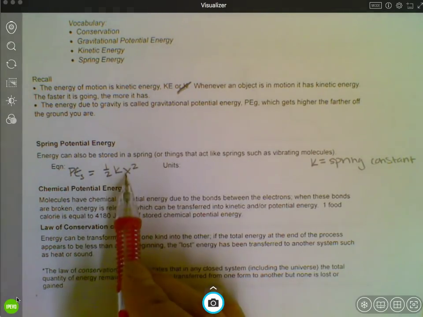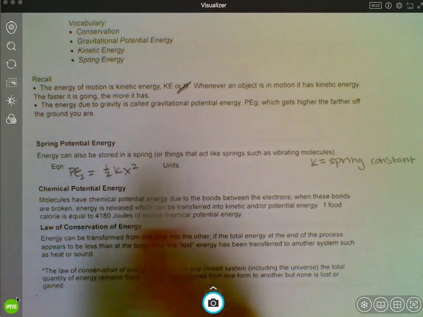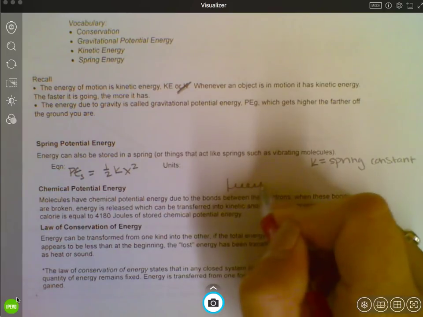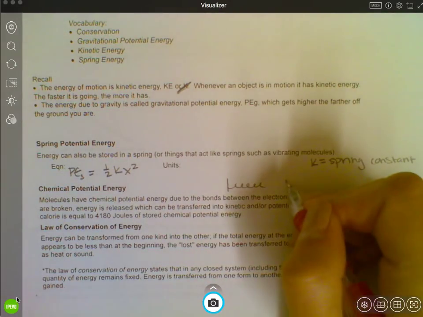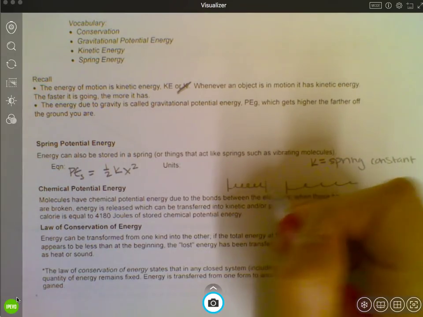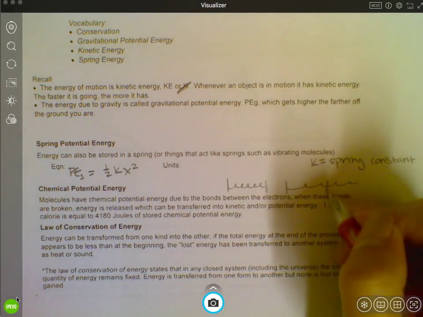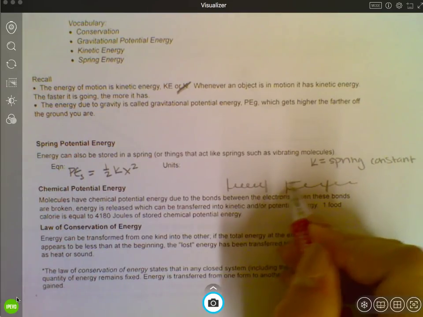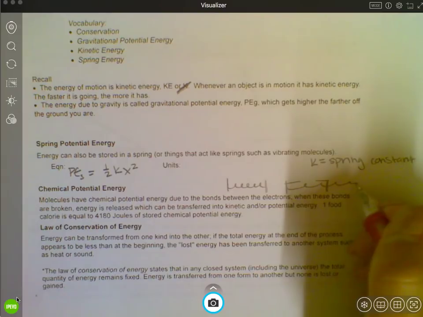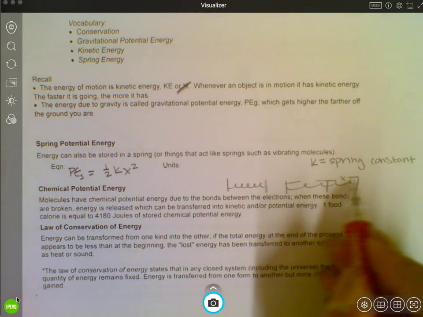Okay. X is the distance from equilibrium, meaning that if the spring is naturally sitting like this, and then you were to take it and stretch it out like this, let's say that originally its comfortable length is here, then your X is how far from that length you stretched it, okay?